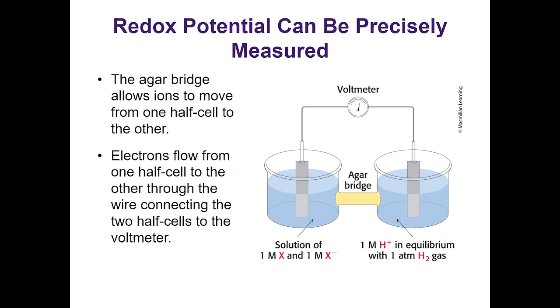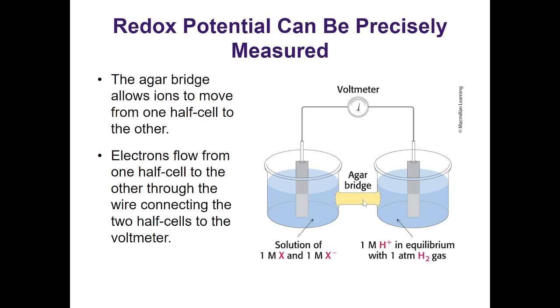The electrons flow from one half cell to the other through the wire that connects the two half cells to the voltmeter, so we can read the voltage across this, which is the EMF, electromotive force, or another way of saying that, the potential energy.